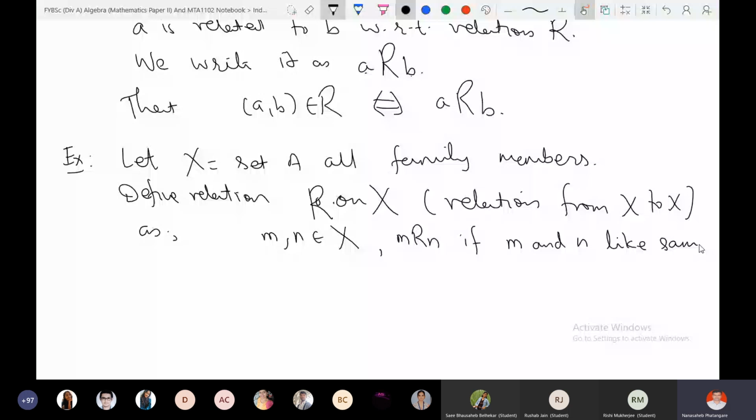It may happen that different family members like different kinds of sweet. Suppose two members like the same sweet, then they are related. So if two members like basundi, then they are related.